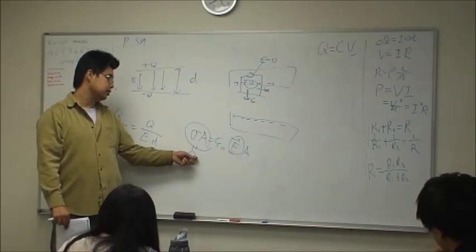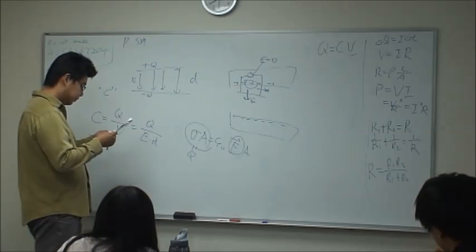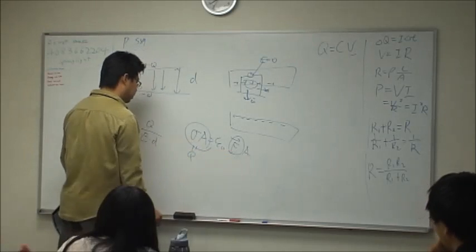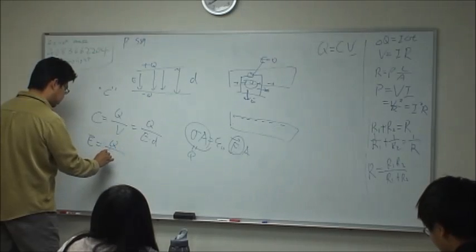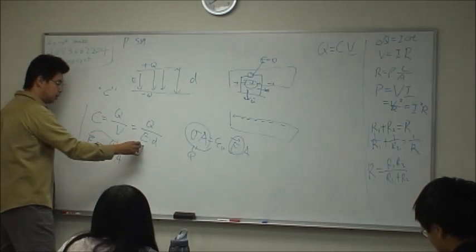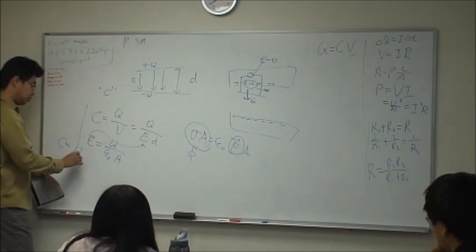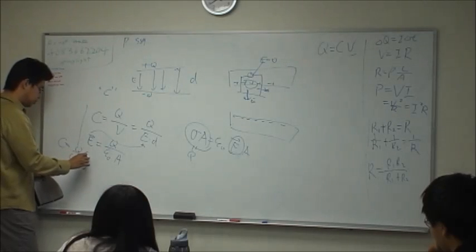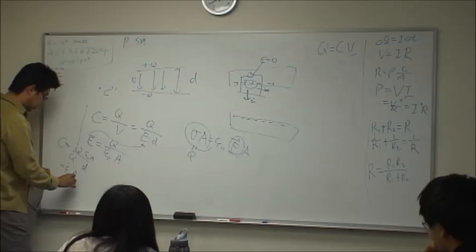So Q over A, I just put the Q in, Q equals epsilon E A. So the E field will be equal to Q over epsilon A. With these two, we plug the E into here. What we have is C equal to Q D over Q over epsilon A, which is equal to epsilon A over D.